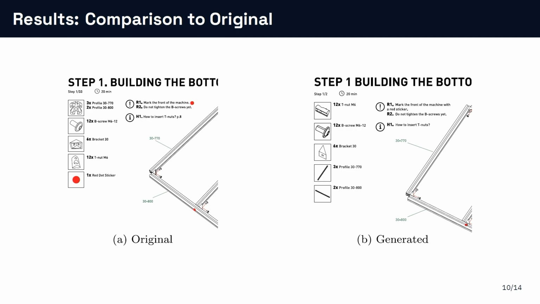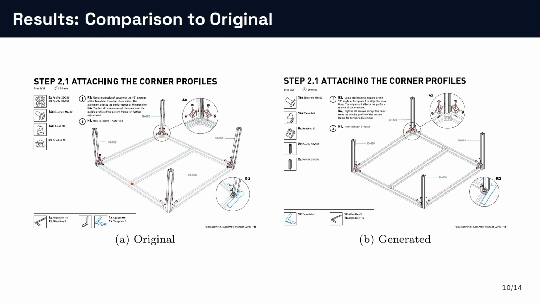But minor things, I would say. This is for another step, also very close. A small difference is that when you manually set up this page, you have a little bit more flexibility in using two tools for small things. But we got very close to the original manual.